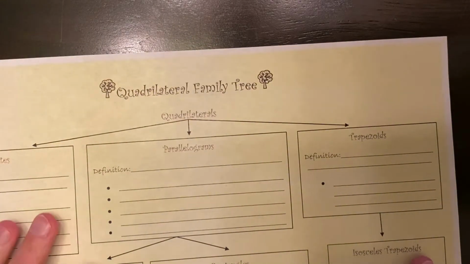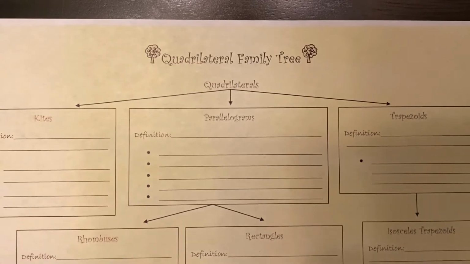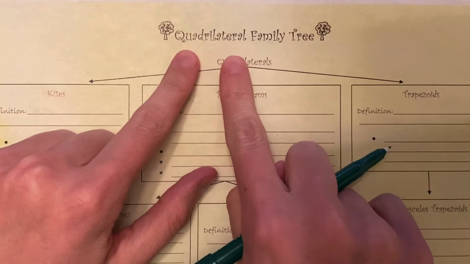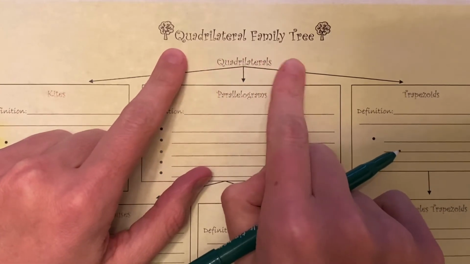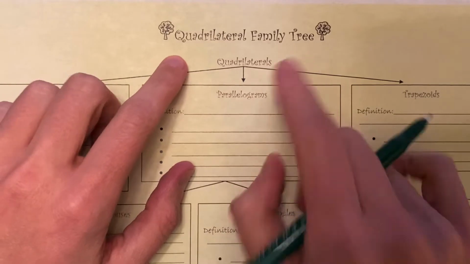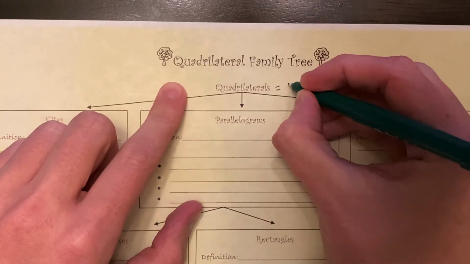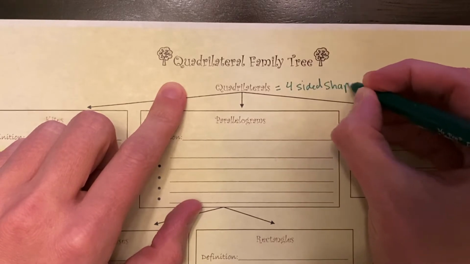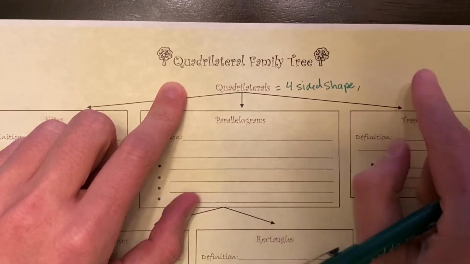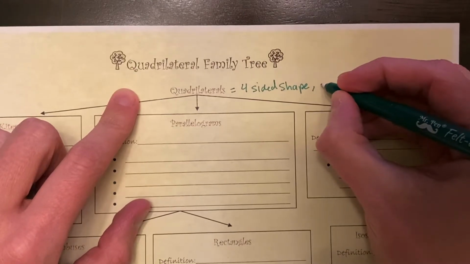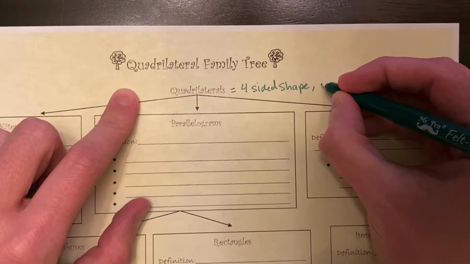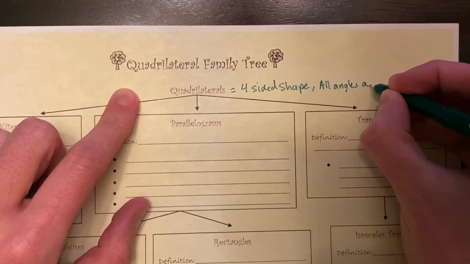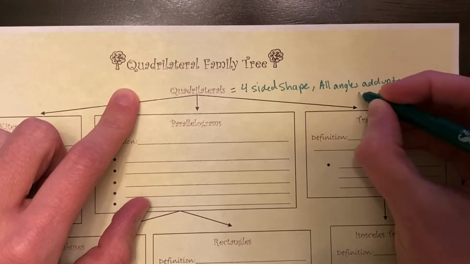Okay, so we are finally moving away from triangles. That's awesome, right? We're going to start working on quadrilaterals. What is a quadrilateral? It is a four-sided shape, and all the angles add up to 360 degrees.